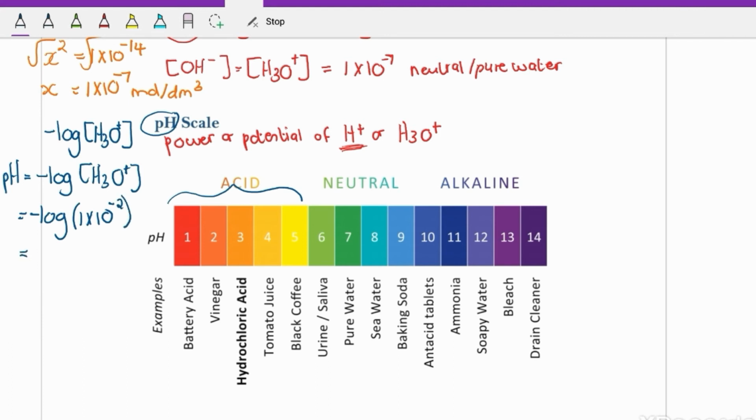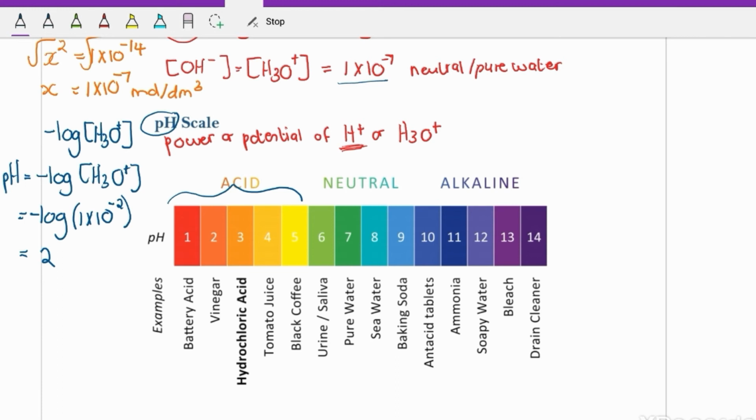You can now take your calculator and actually look at what that will give you. That's going to give you a pH of 2. You can do exactly the same with the neutral concentration and you will get a pH of 7.